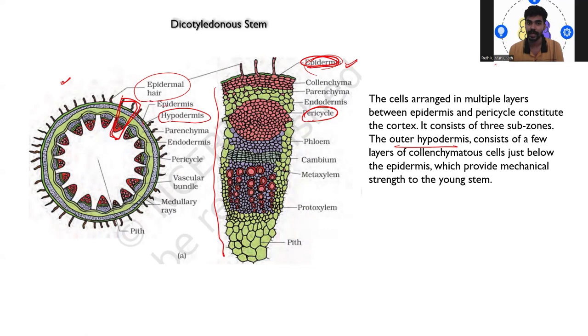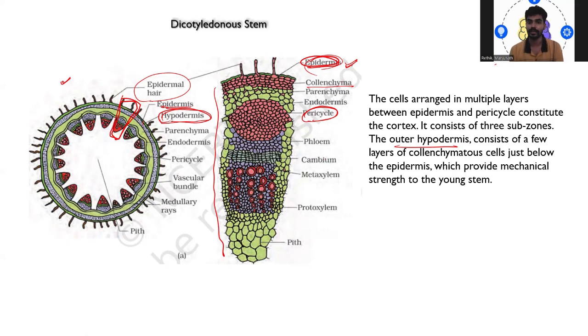If this is the epidermis, just below it there is the hypodermis layer, and in the hypodermis layer you will see some collenchyma cells, which provide mechanical strength to the young stem.